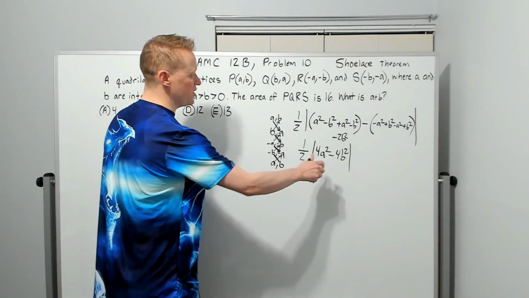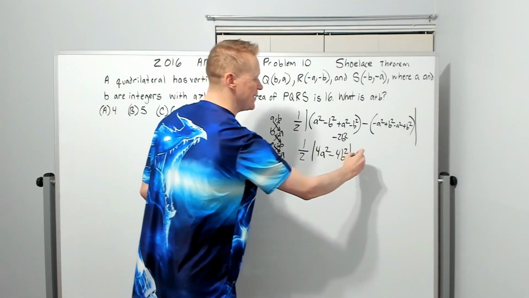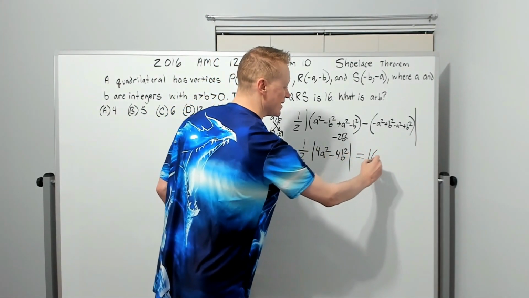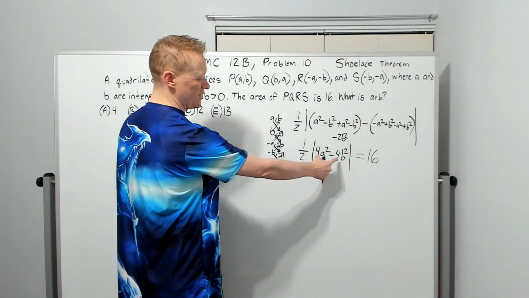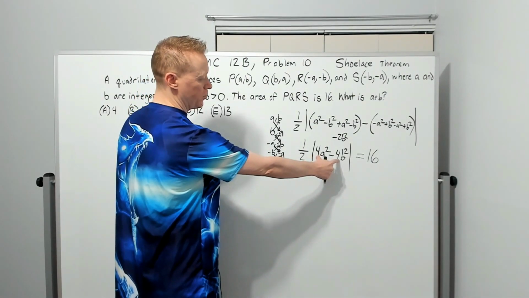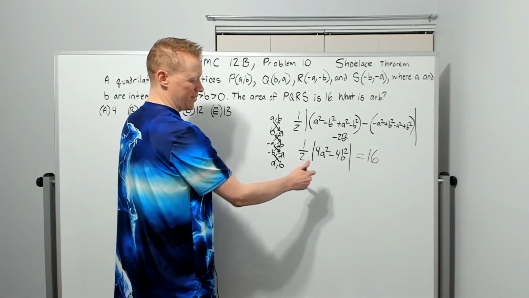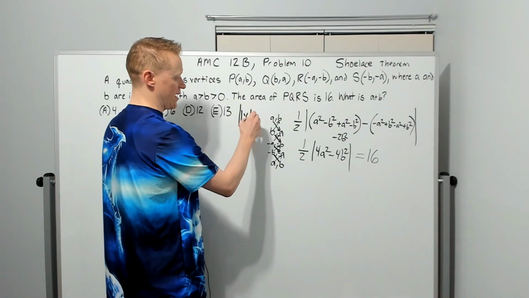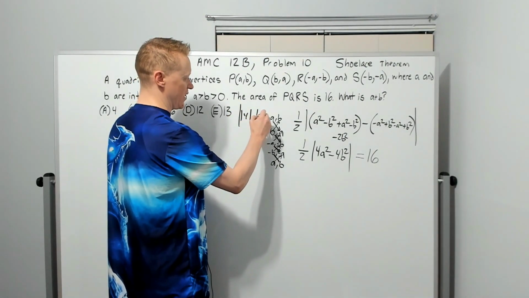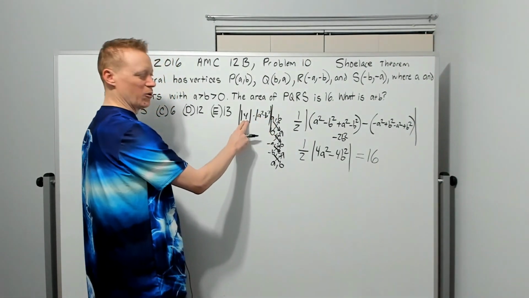Okay, let's continue. This is the area, but it told us the area was 16. You're going to set this equal to 16. You have a couple options. You can go ahead and pull the 4 to the outside. Why? Because if I have the absolute value of 4 times the absolute value of a squared minus b squared, I don't need this 4 in absolute value.